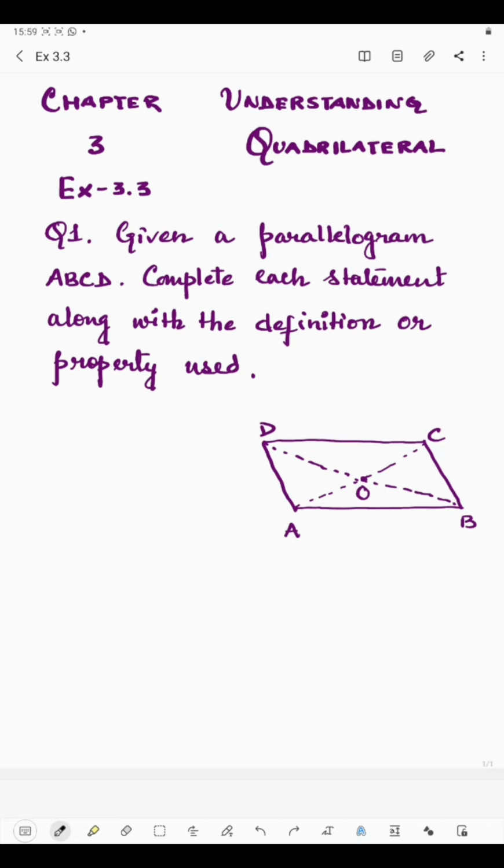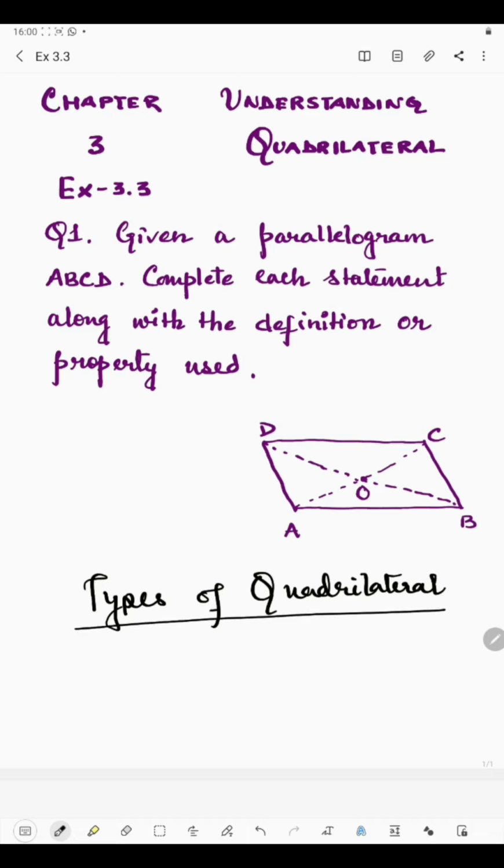At first, let me explain the types of quadrilaterals and their properties. At first we have the trapezium. A trapezium is a type of quadrilateral with a pair of parallel sides.